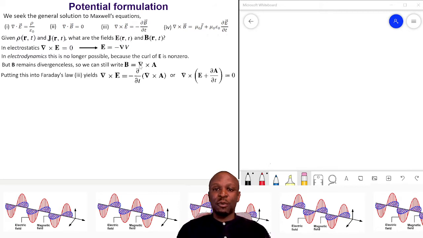Whenever I see B, I am going to write the curl of A. So this is what I am going to write. Now, I can just take the curl, and if I take the curl, this is what I am going to have.